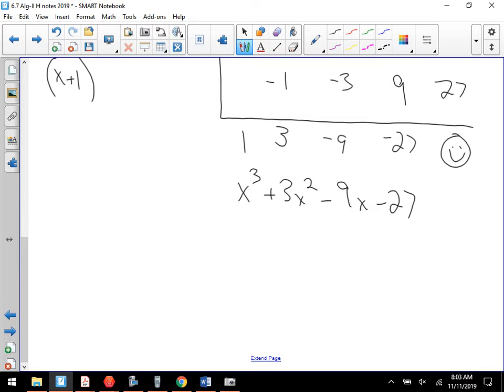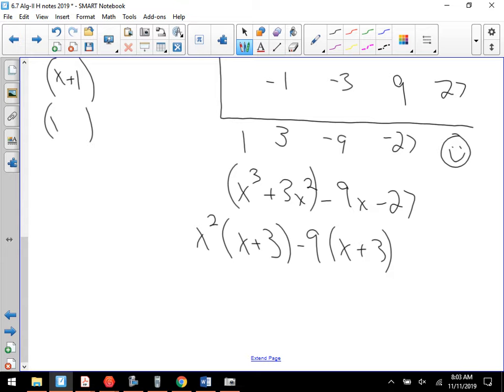When you start grouping, first you take your x squared out, and you have x plus 3, -9, and x plus 3. That means your other two sets of terms would have been x plus 3 and x squared minus 9.